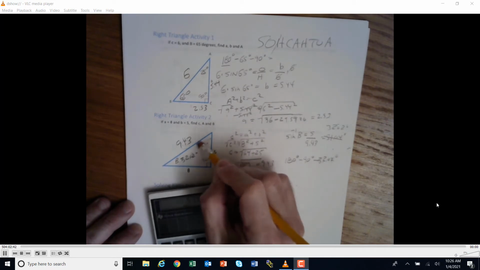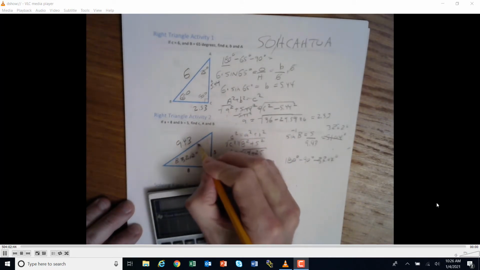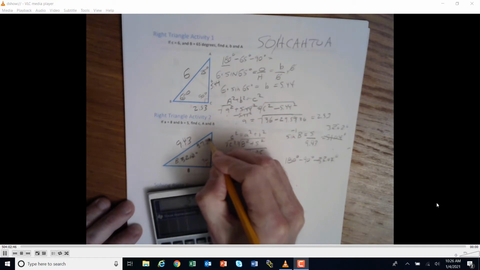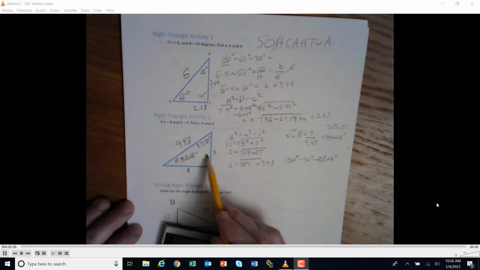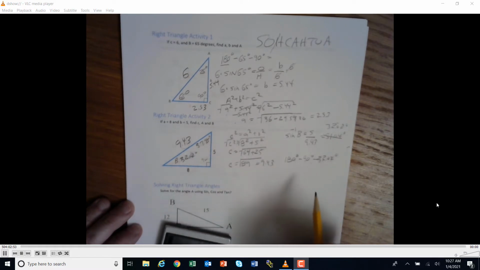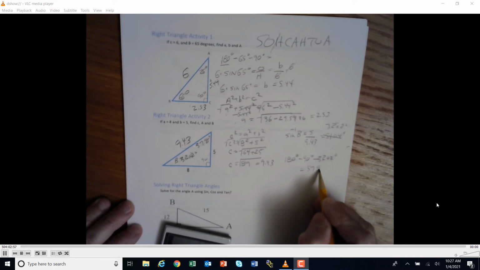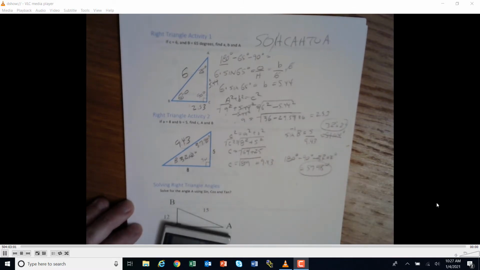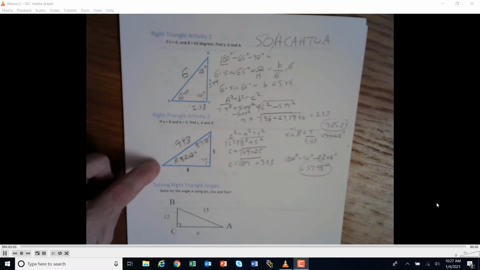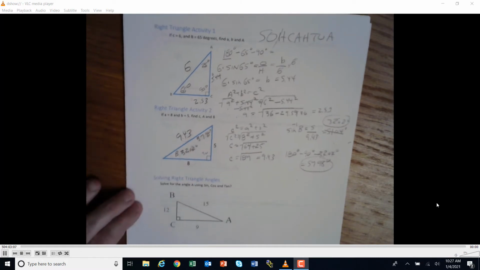Okay, that's definitely looking better. 57.98 degrees. So there you go. And then these all add up to 180 degrees, right? So this was 57.98 degrees. There and there. All right, little mistake there, but we used a little intuitive thinking to figure out that we had made a mistake.